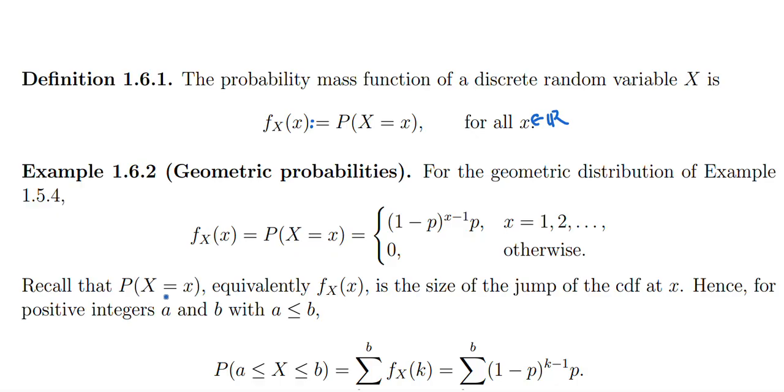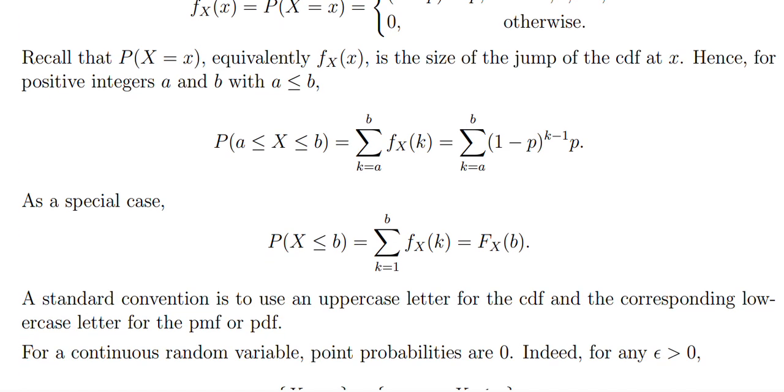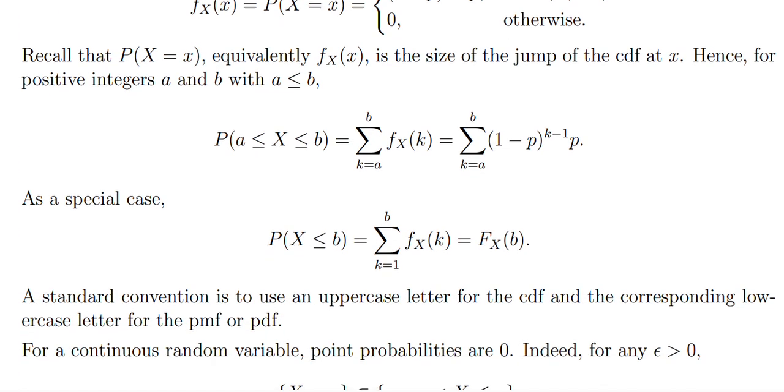Recall that the probability of X equals small x, equivalently f_X of x, is the size of the jump of the CDF at x in the discrete case.